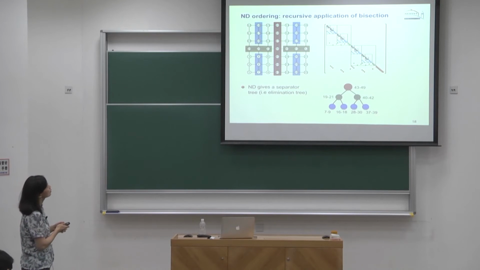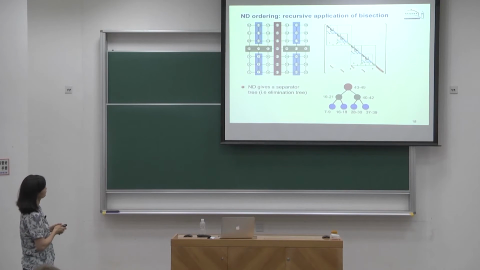So that means this piece is dense. And the piece corresponding to this brown one, after elimination will be dense. This piece will be dense. The blue one here will be dense, after this will be dense. And then this nested dissection will give you the ordering like this, and the dependency and elimination order can be precisely described by this elimination tree, also called a separator tree in this case.